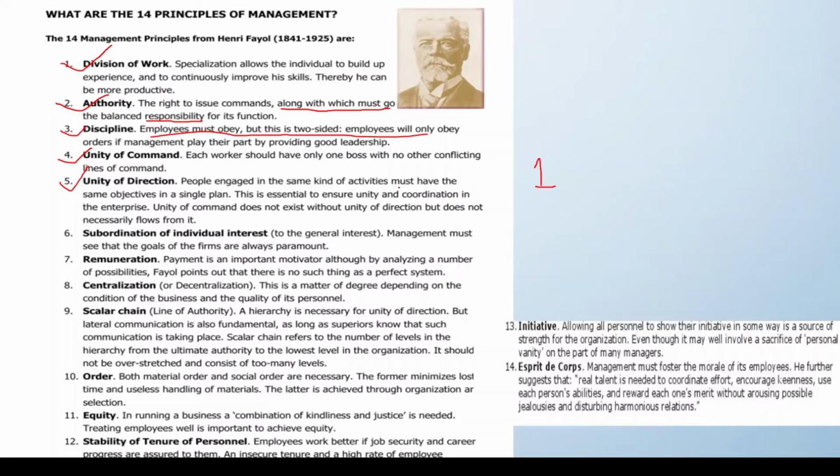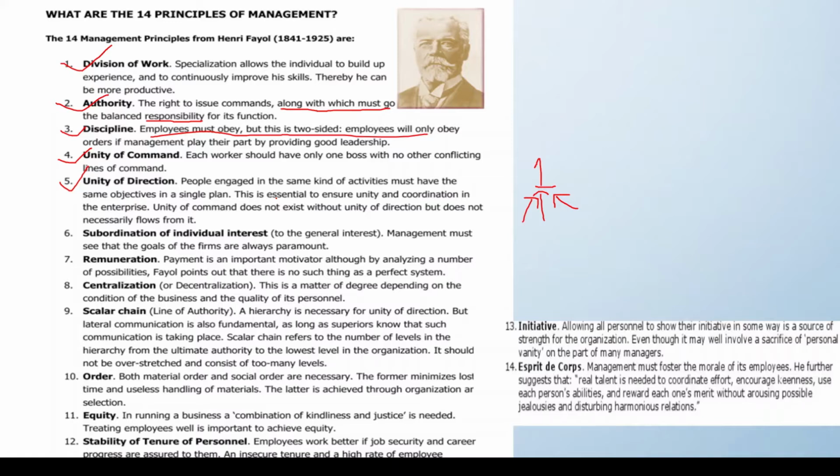Whatever job they do will take the outcome toward the goal of project 1. This is essential to ensure unity and coordination in the enterprise.